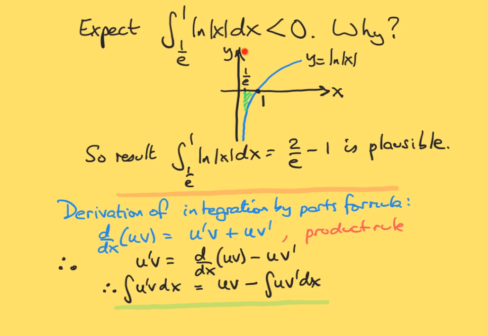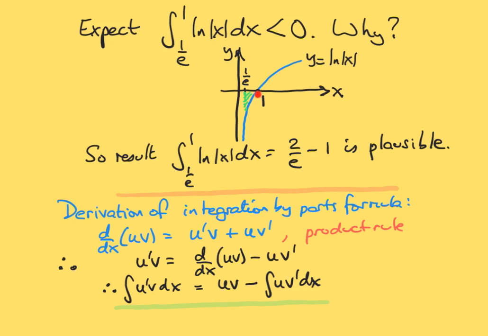So I've said that we expect this integral to be negative. Why? So the thing to do is you look at the graph of the integrand. Our integrand is the natural logarithm of x, log of x, and it's being integrated from 1 over e to 1. And remember, the logarithm of 1 is 0. So it's crossing the x-axis at x is 1, y is 0.